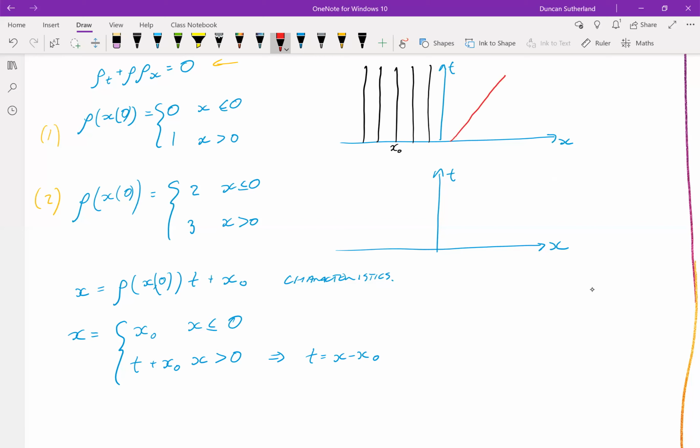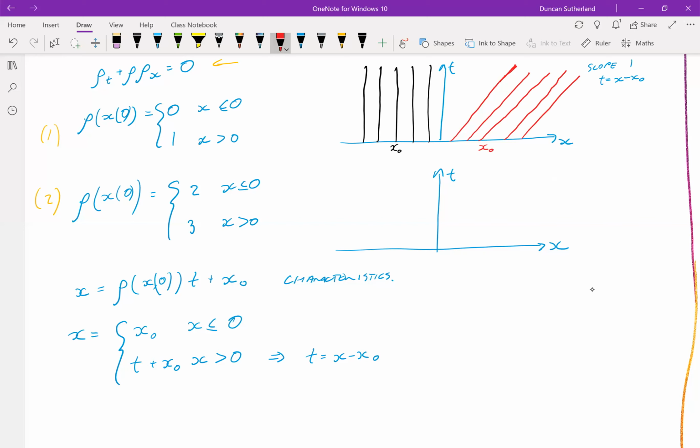So I'm trying to draw these lines at roughly a 45-degree angle, and assuming that the axes are equally scaled, but we do the best we can. So these are lines of slope 1, t equals x minus x naught. And these are different values of x naught.